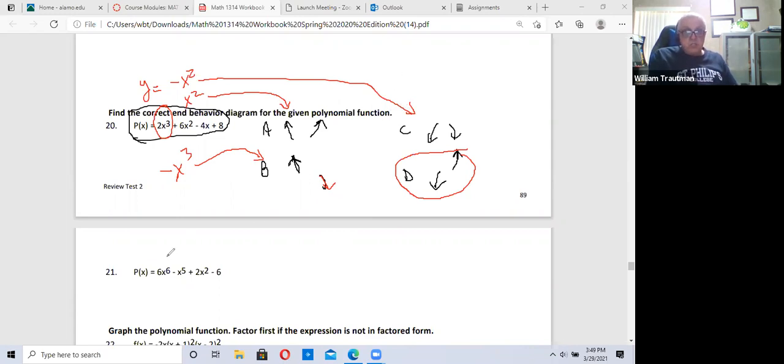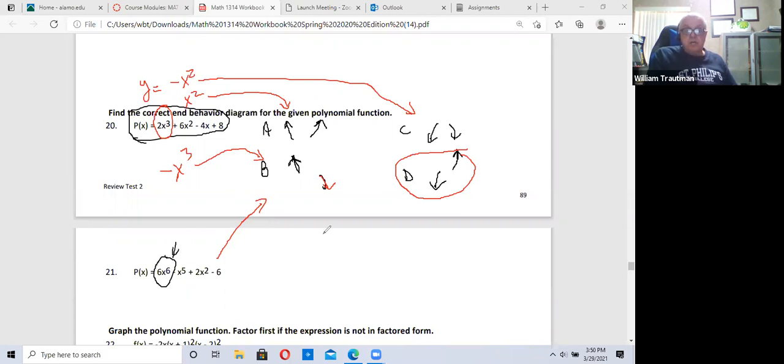So on this one, number 21, is it A, B, C, or D? The highest power on number 21 is x to the 6th.